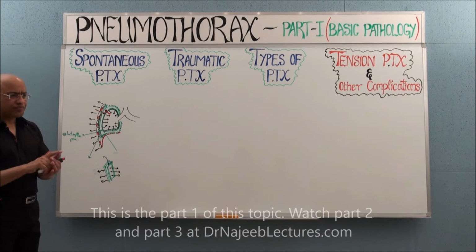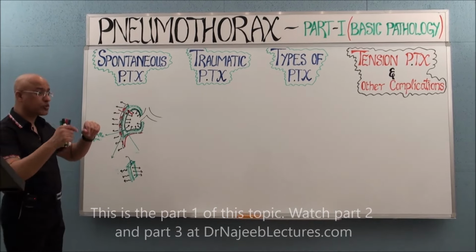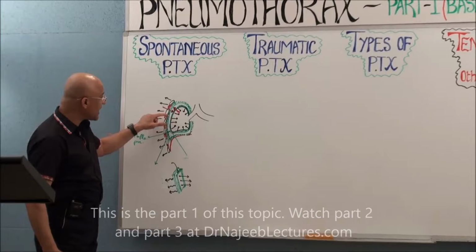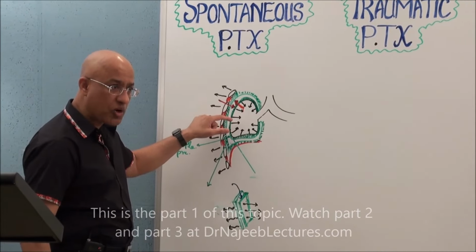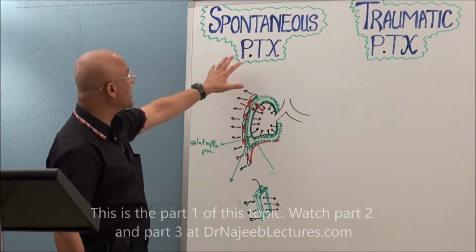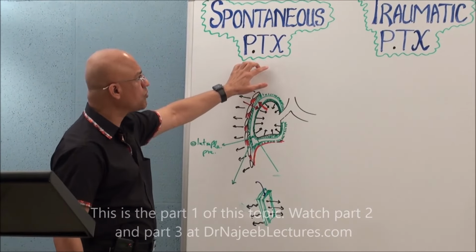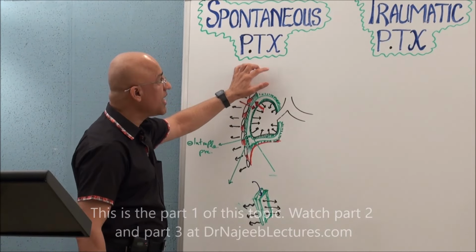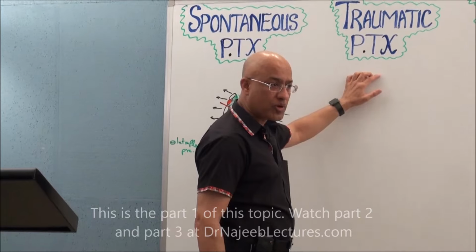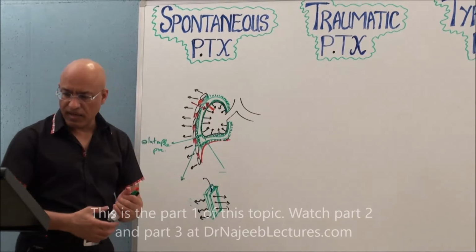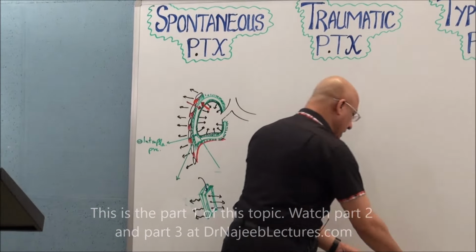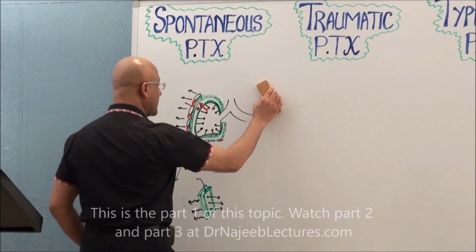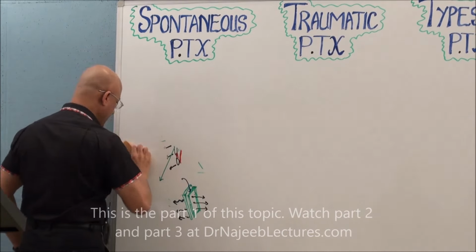According to how air enters the pleural cavity, pneumothorax is basically classified into spontaneous pneumothorax and traumatic pneumothorax. So now I will go into detail on what is spontaneous pneumothorax and what is traumatic pneumothorax.